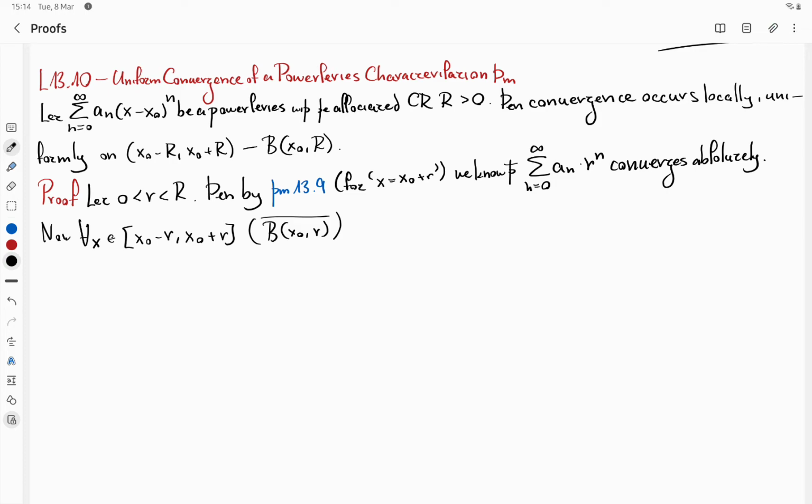We have that the absolute value of an times x minus x0 raised to the power of n is smaller or equal to the absolute value of an times r to n. This is trivial because this is smaller or equal to r from here. And now we actually observe, and this is interesting, that we can move this inequality, right?